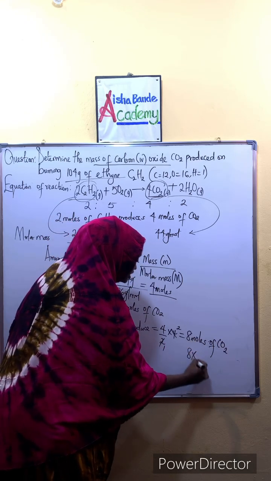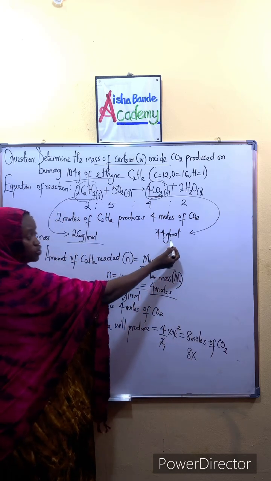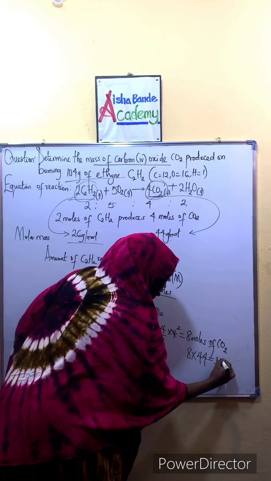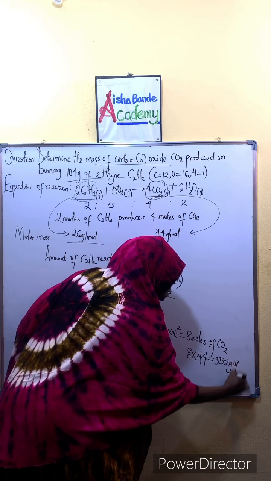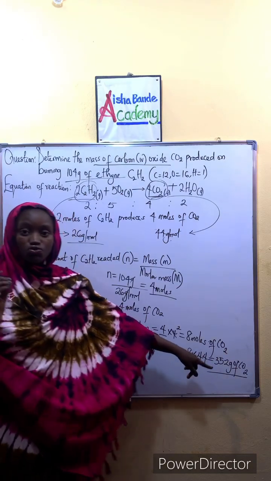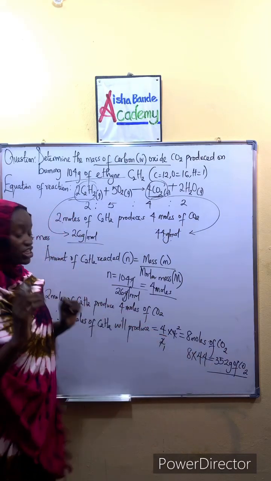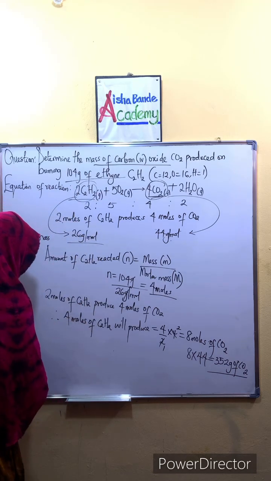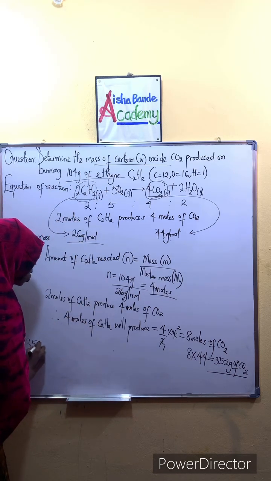This is going to be 8 times the molar mass of CO2, which is 44. So we have 8 times 44, which is equal to 352 grams of CO2. In conclusion, we can say that 352 grams of carbon dioxide is produced by burning 104 grams of ethyne.